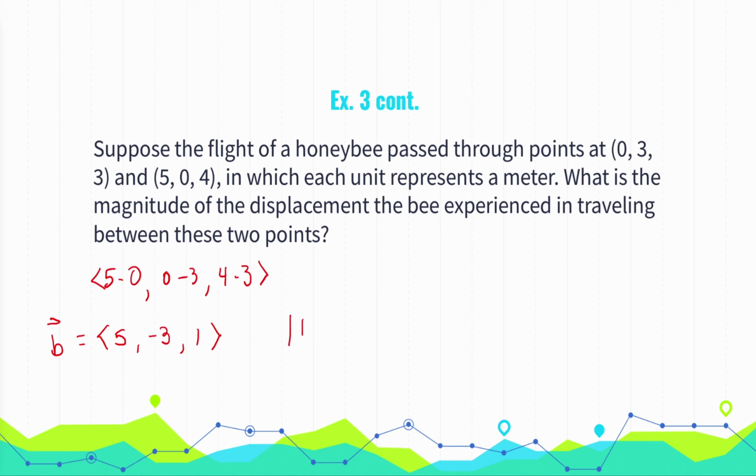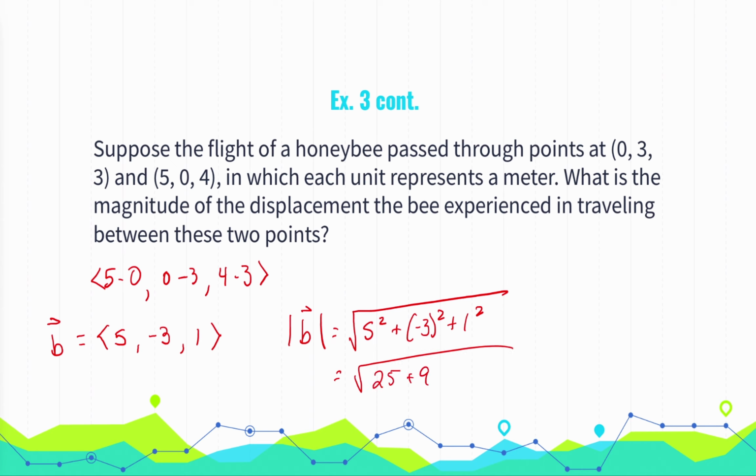Then the magnitude of vector B, we just do Pythagorean theorem, square root of 5 squared plus negative 3 squared plus 1 squared, which is the square root of 25 plus 9 plus 1, square root of 35, which is just a little bit less than 6. 5.9 meters.